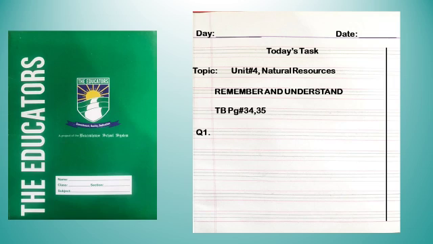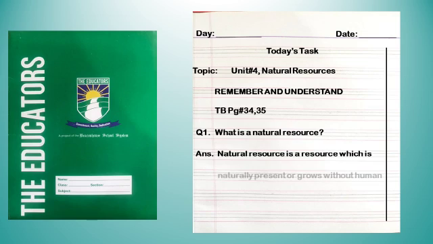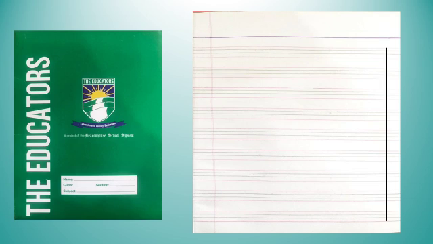Our question number 1 is, what is a natural resource? Answer, natural resource is a resource which is naturally present or grows without human help in an area. At this page, we will draw margin line firstly, then write today's task. Our question number 2 is, what is humus?